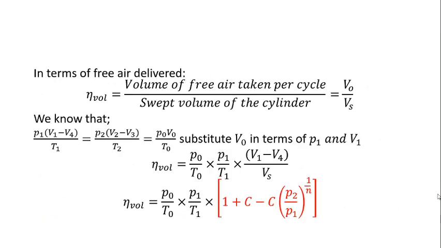So we can write the volumetric efficiency in terms of free air delivered, which is volume of free air taken per cycle divided by swept volume of the cylinder. So instead of V1 minus V4, that is effective swept volume, now we take the free air delivered.